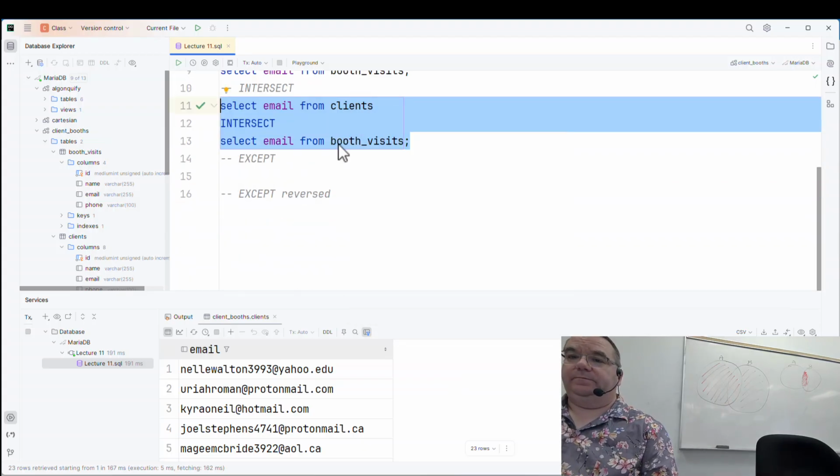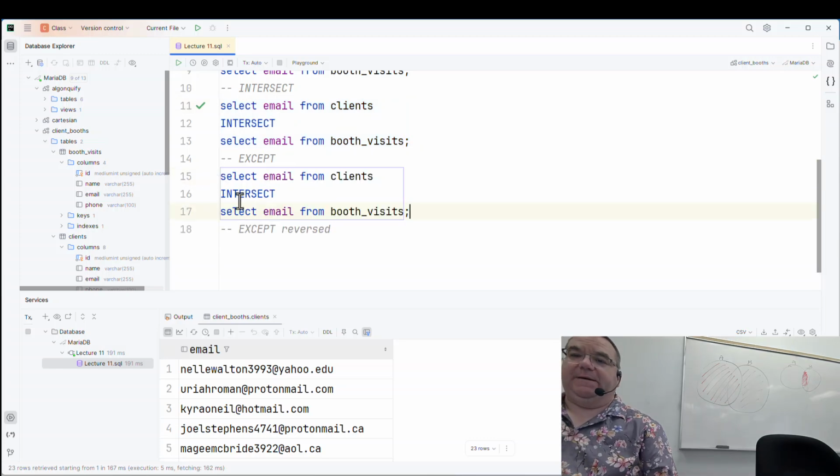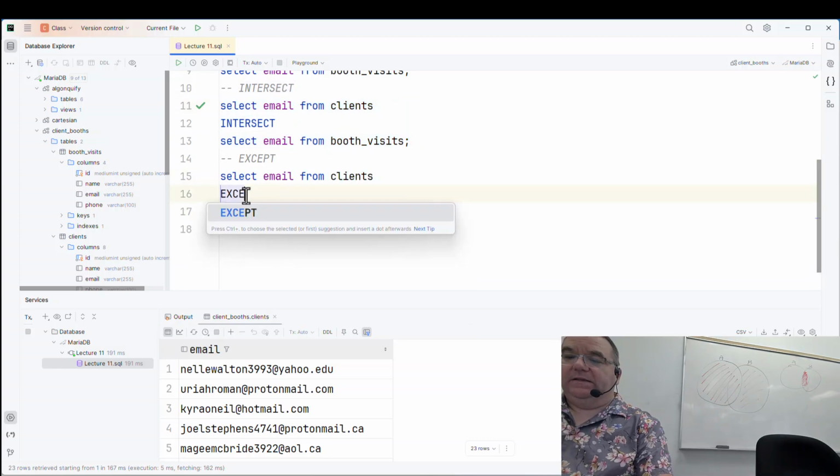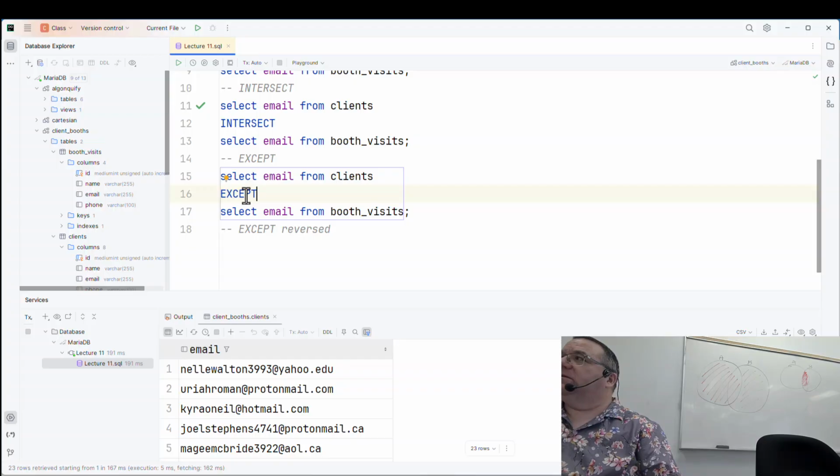Now, we can go to the next stage after that, which is except. Depending which database server you're talking about, this is also known as a minus, or the difference. I think it is, yeah, the minus, the subtraction.